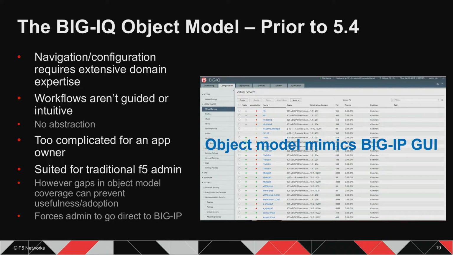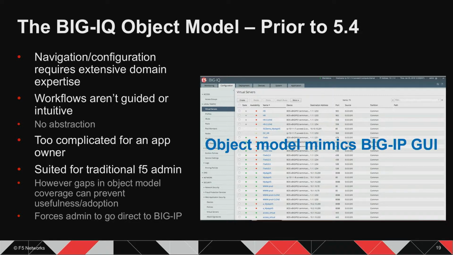And one of the challenges we've had with the ADC model, you can see here, there are a lot of powerful options, but it can be confusing, especially to somebody that's not familiar with F5 or our terminology. What's a pool? What's a virtual server? How are these things interrelated? And when you go to configure things in the menus, they were not workflow based.